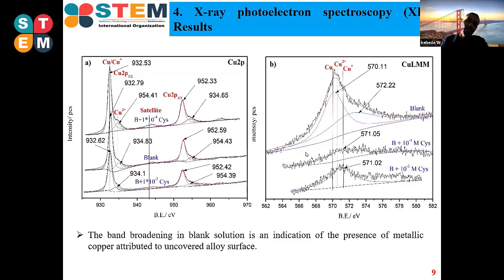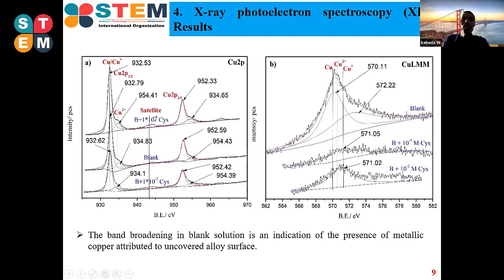So here we have three species of copper: copper 0, that is metal copper, and copper 1 and copper 2.